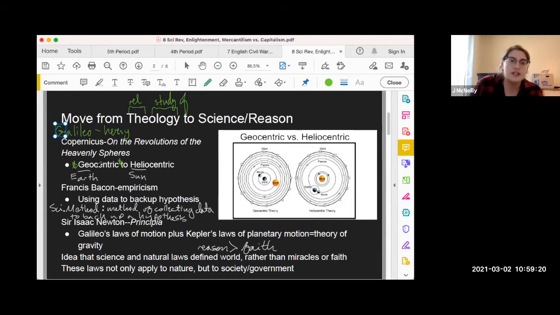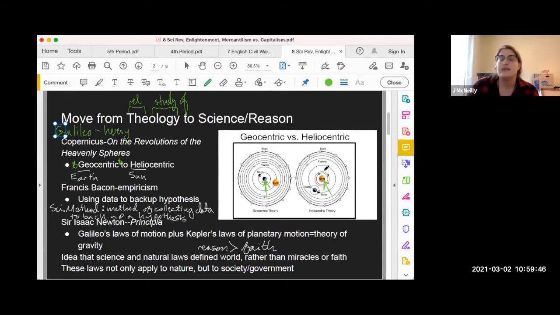So the church theory of the geocentric model said we are the center. Everything revolves around us, including the sun. The heliocentric model is the one that Copernicus proves in his book. We're actually not the center of the universe. The sun, hence helio, is the center, and we revolve around the sun.